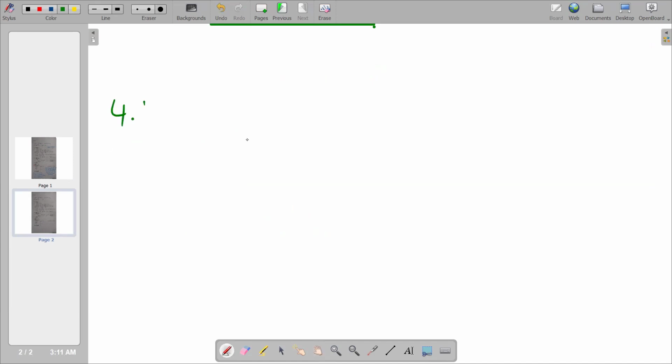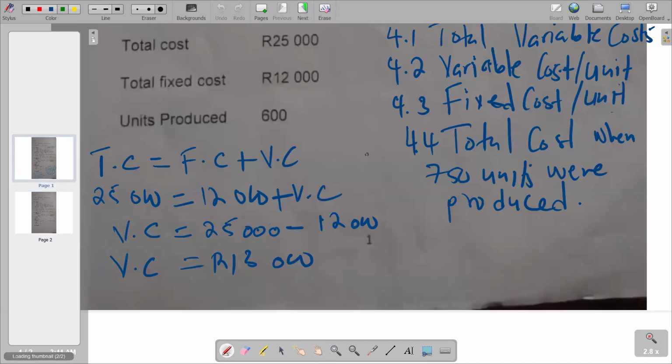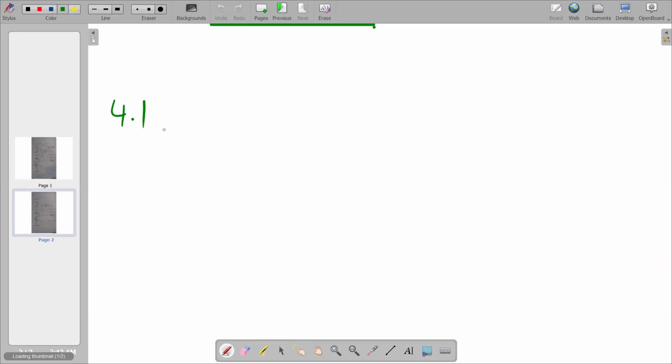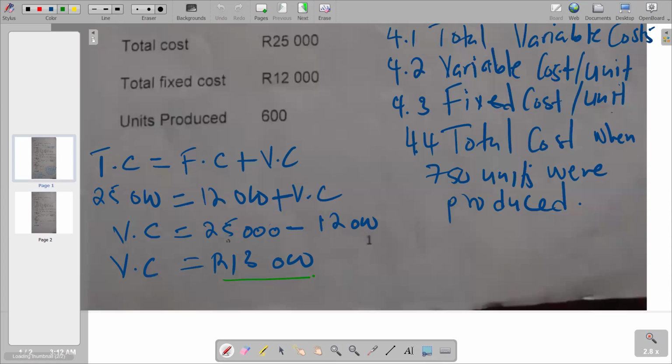So after calculating our variable cost, we now say on 4.1, remember our 4.1 needs us to calculate total variable cost. So total variable cost is 13,000 rands. So basically, we can just make our calculation: variable cost is equal to our 25,000 minus 12,000.